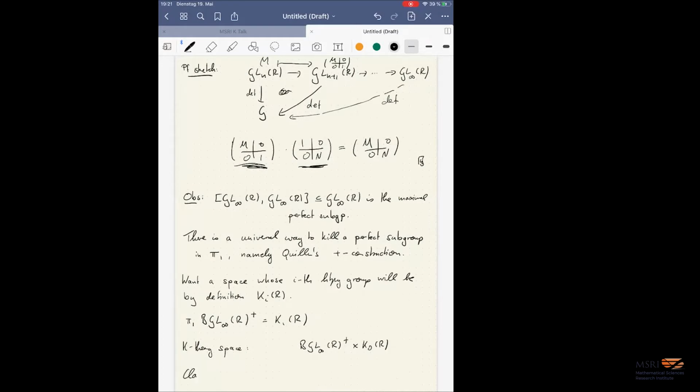Okay, and a classic theorem, I'm actually not quite sure due to whom, maybe due to Quillen, not due to Segal.